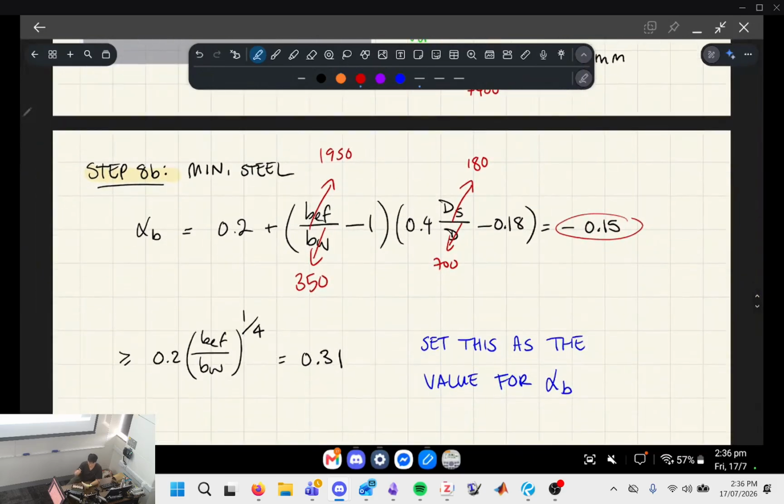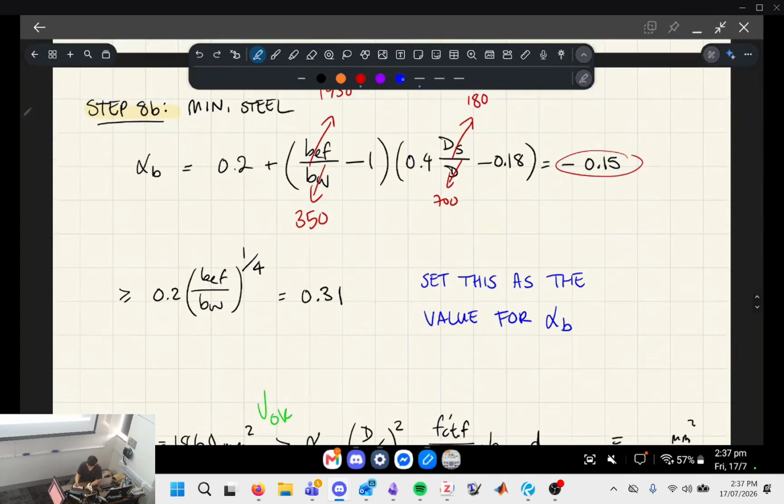But the formula actually keeps going. The formula says that everything here has to be greater than another value, and the other value is a minimum value. If you look at the cookbook thing on the right hand side, we've got minimum values that we need to have in case the maths on the left gives you a number that's too low.